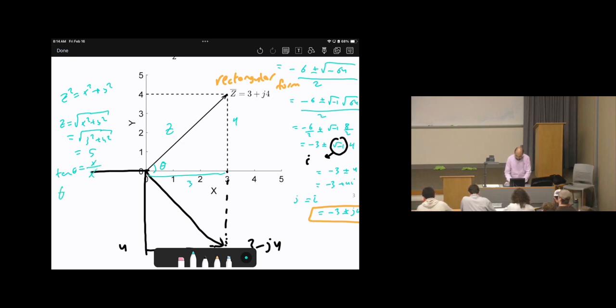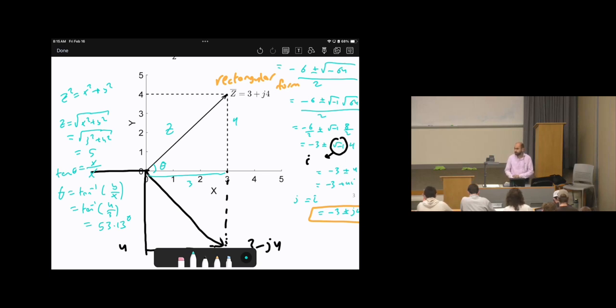In order to find theta, it will be tan inverse of y over x, or in other words, tan inverse of 4 over 3, which is 53.13 degrees. That's theta, the angle.